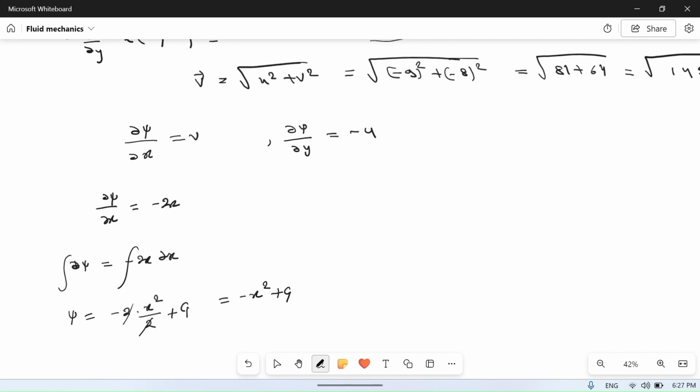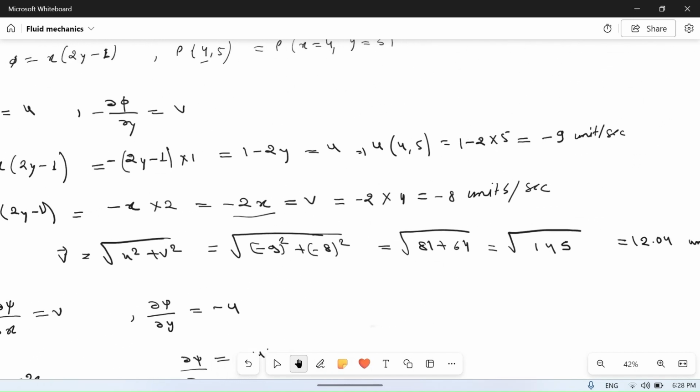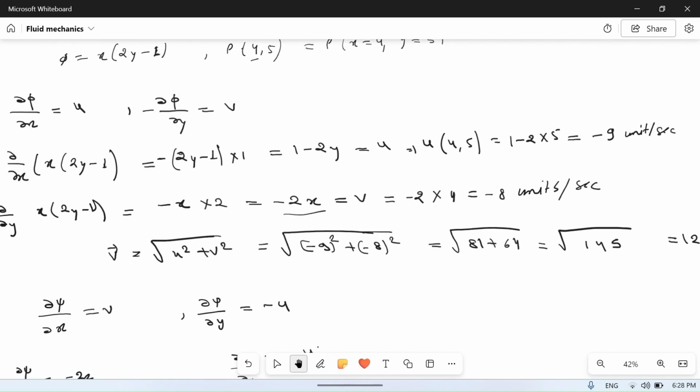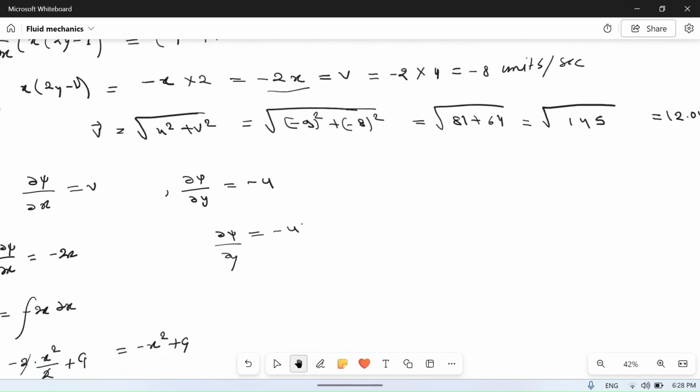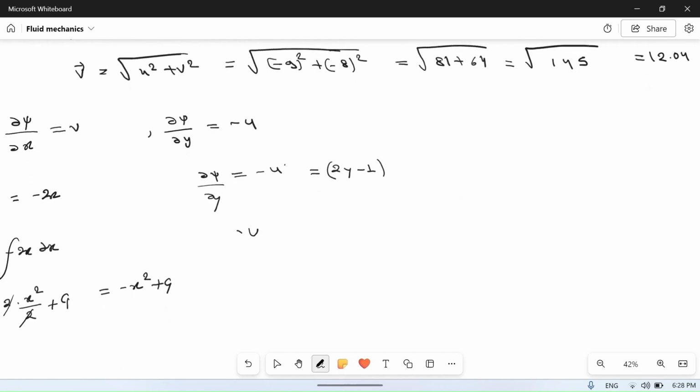Similarly, del psi upon del y is equal to minus u, and u was given as 1 minus 2y, so it becomes 2y minus 1. So del psi will be equal to (2y minus 1) into del y.